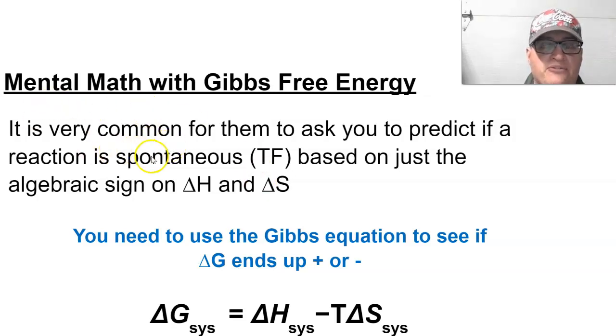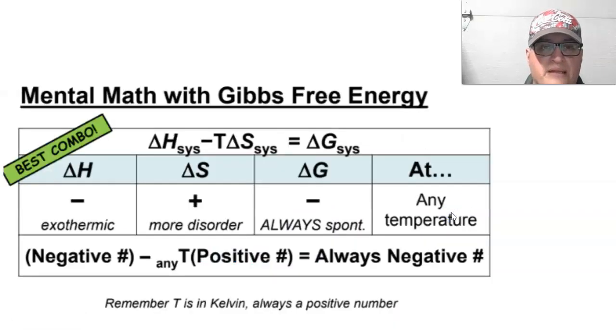It's very simple for them to predict it based on just the algebraic sign. So you need to be familiar with the concept of the equation and what that means for delta G given your conditions. So some little mental math here.